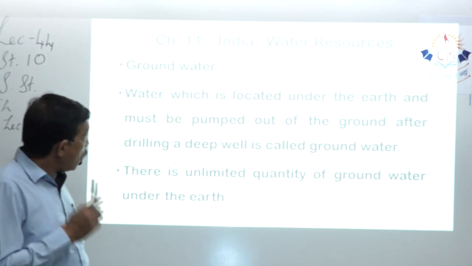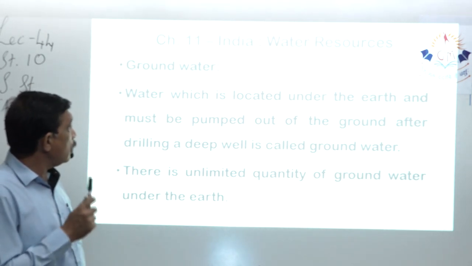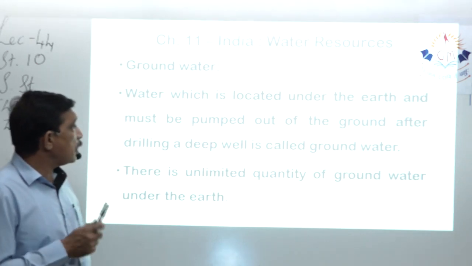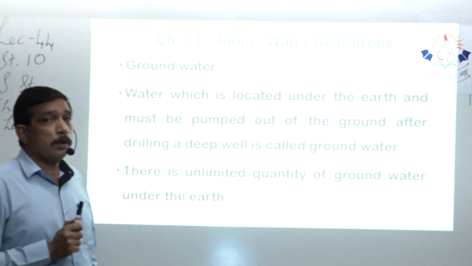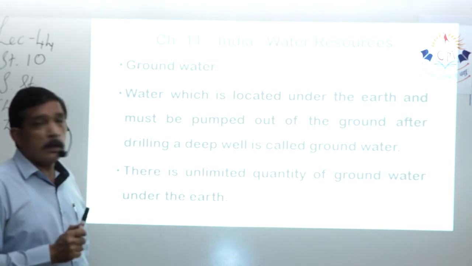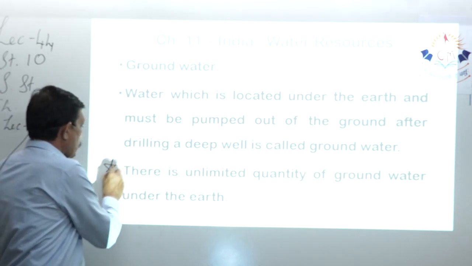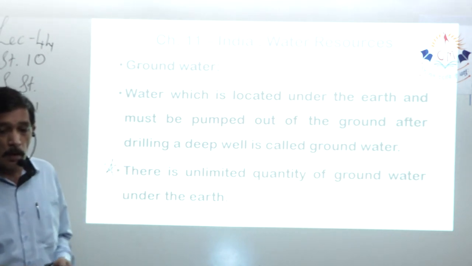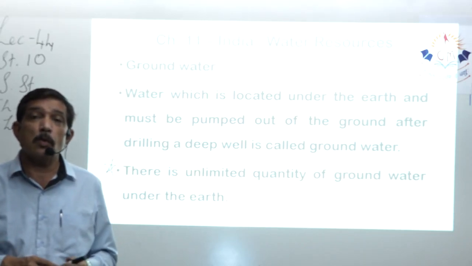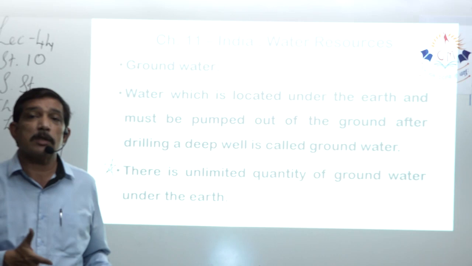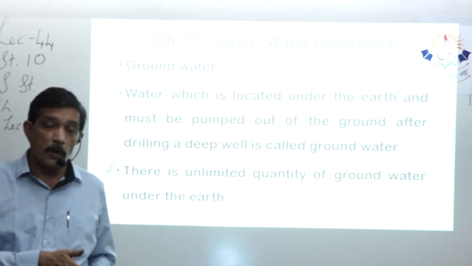Groundwater: water which is located under the earth and must be pumped out of the ground after drilling a deep well is called groundwater. There is unlimited quantity of groundwater under the earth. This is quite important to note, because we cannot see it. There is no way we can measure the underground water, right?